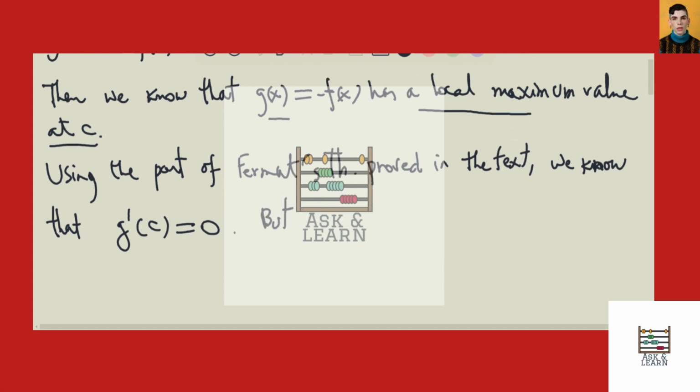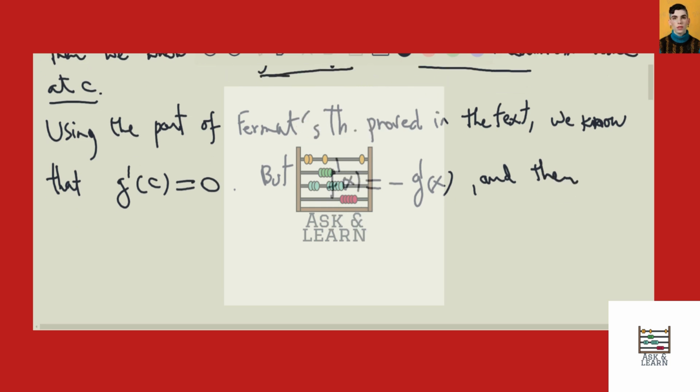Moreover, we know that the derivative of f is equal to negative the derivative of g at x for any x, because we can put the negative sign to the left of the equation, and f is then equal to negative g, and the derivative of f is then equal to negative derivative of g. But this equation holds at c.